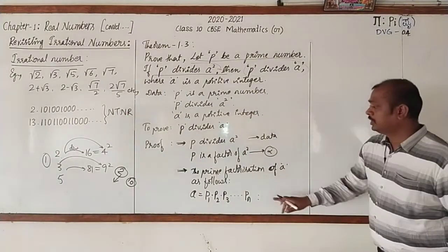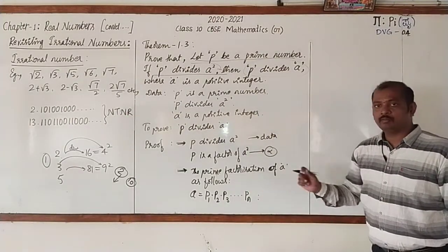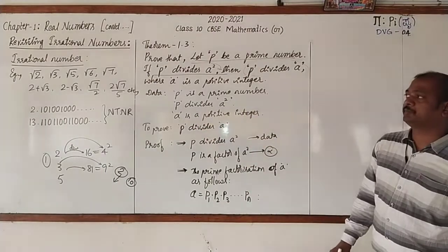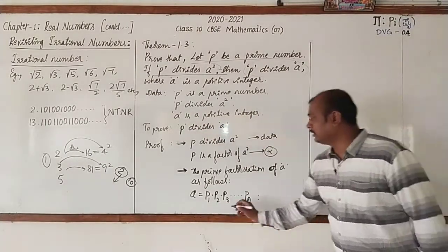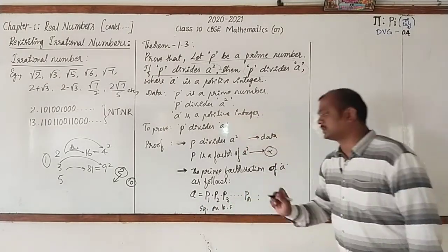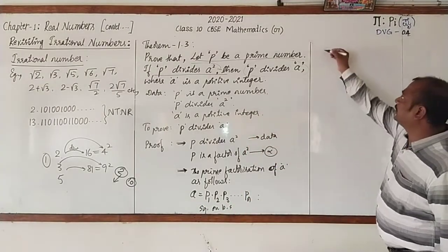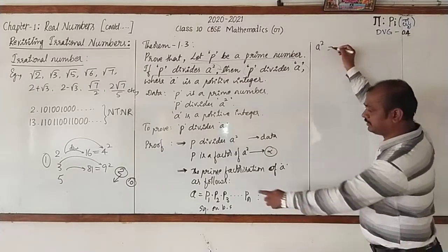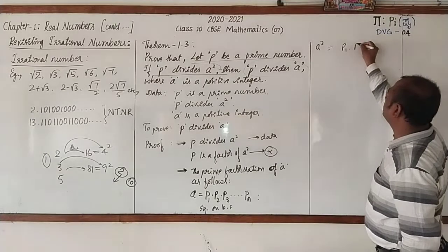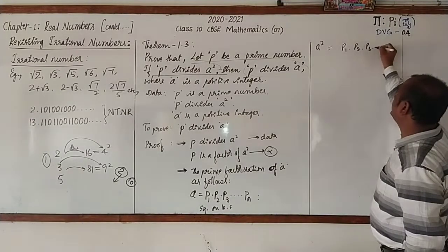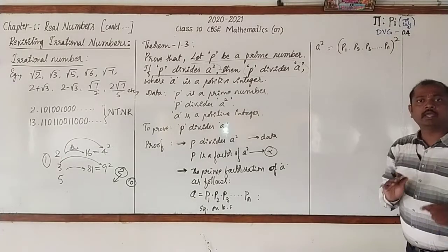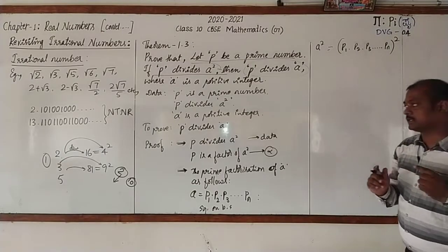Next, I go for squaring on both sides because they are given P divides A square. Then squaring on both sides, I can write A whole square is equal to P1 into P2 into P3 and so on, PL whole square. Can it be written so? Yes.